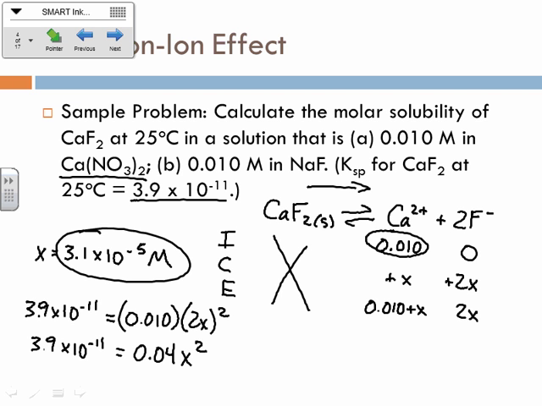And actually, you can check that fairly easily, because your Ksp expression there would be 3.9 times 10 to the negative 11th is equal to, what would it be? This would have been x, and that would have been 2x, so that would be x times 2x squared. So then you'd end up with 4x to the third.